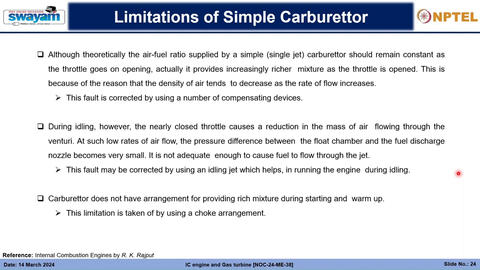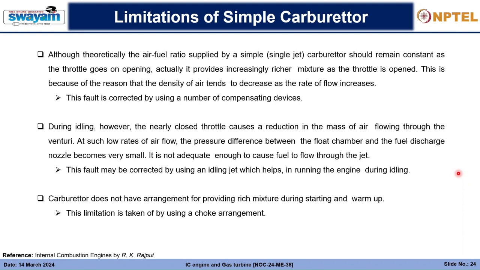This limitation is solved, the fault is corrected, by using an idling jet, which helps in running the engine during idling. And the third fault is that the carburetor does not have an arrangement for providing a rich mixture during starting and warm up. For this, these kinds of limitations are taken care of by using a choke arrangement.